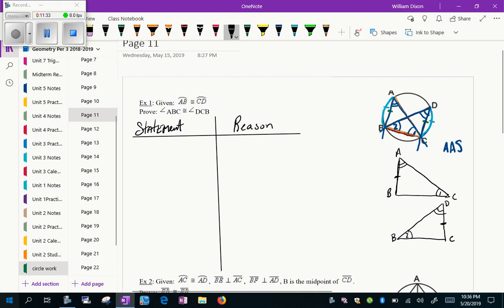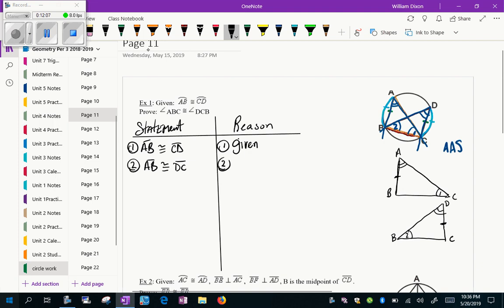So I'm just going to plug in and finish my proof. So I have number 1, arc AB is congruent to arc CD. Well, we know that is given. And then from there, number 2, I went right at chord AB is congruent to chord DC.